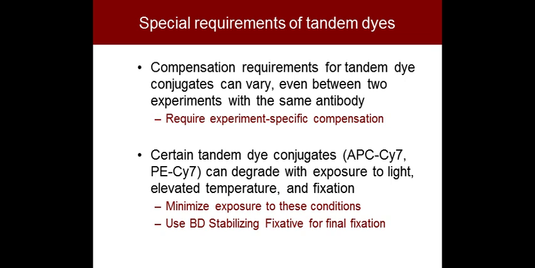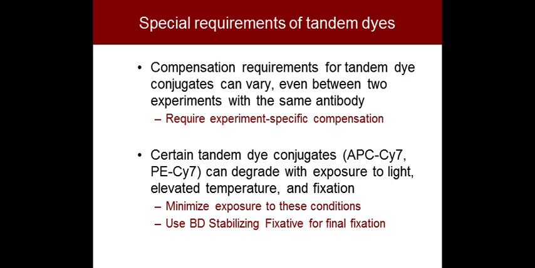Getting to the issue of the tandem dyes, again, this is mostly applying to Cy7 dyes, but the first point actually applies to pretty much all tandems. And I should maybe give a quick introduction to what a tandem dye is for those who aren't familiar. This is where you have two fluorochromes in combination, and they work by the first fluorochrome absorbing the light and fluorescing it and passing that energy on to the second fluorochrome, which then emits at a longer wavelength.